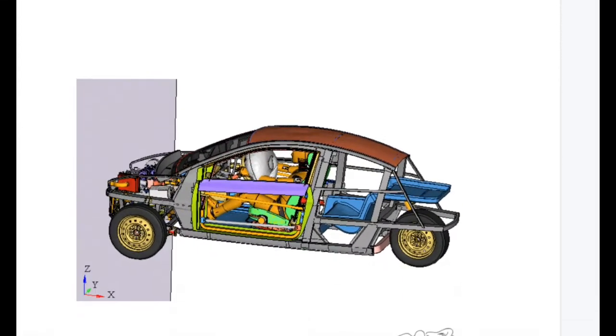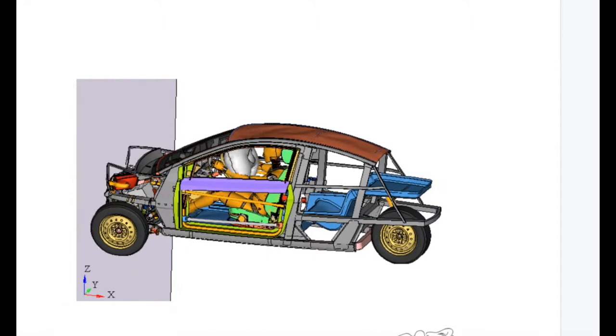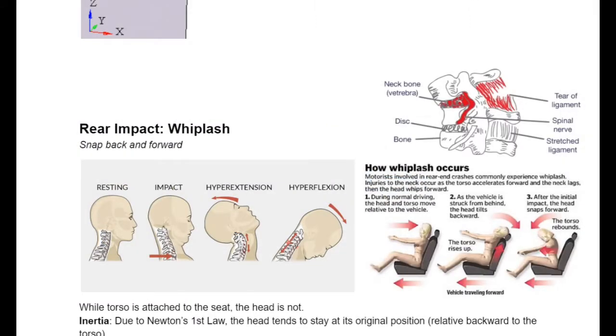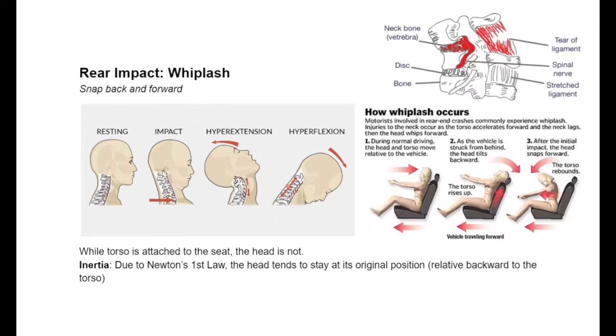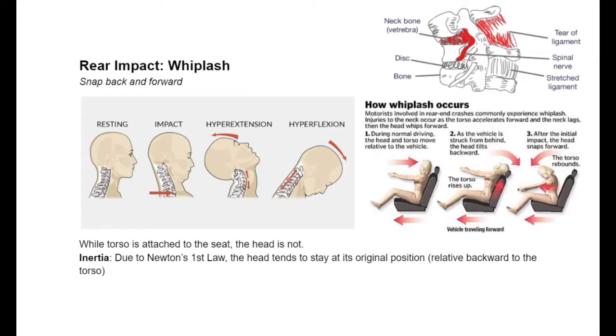So here is the simulation for the frontal impact. The whiplash is most prominent in rear impact, which is a really short-time hyperextension and the cause of torn ligaments. At first, the vehicle is struck from behind and our head tilts backward.